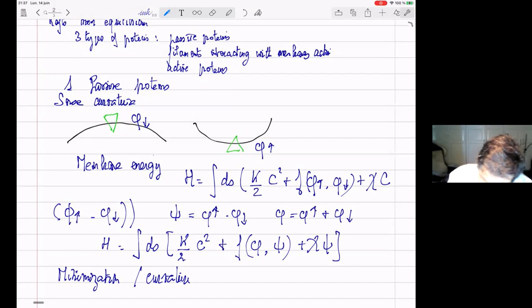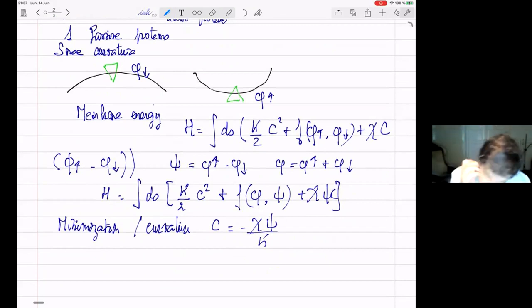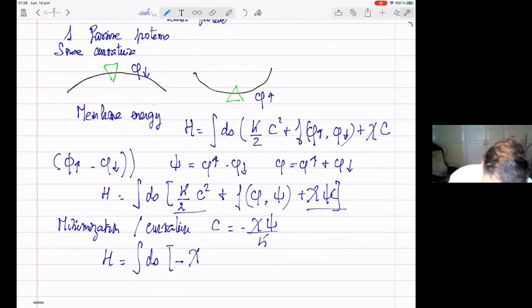I will minimize these two terms, and I will get a curvature which is such that C is minus chi psi over K. Then I can plug that back into the energy, and I get H equals sum over the area, ds. I will write the sum of these two terms, which I insist is negative. It's minus chi squared over 2k psi squared plus f of psi and phi.